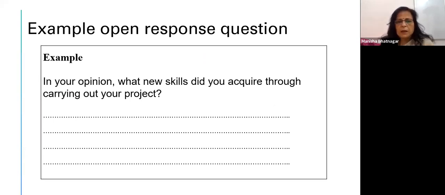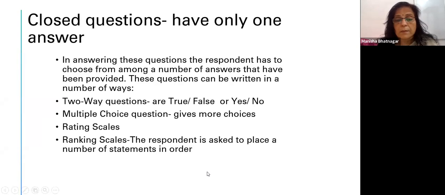This is an example. I think I showed it in the last class also. For example, in your opinion, what new skills did you acquire through the training and carrying out your project? This kind of question can be there.